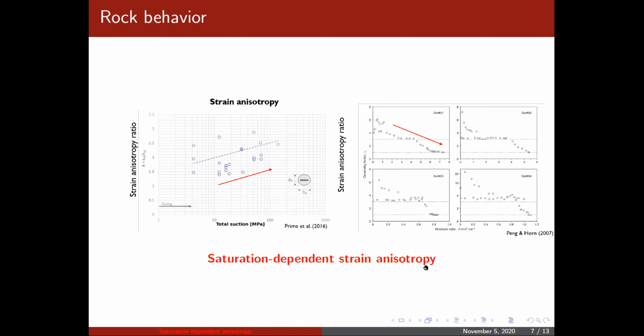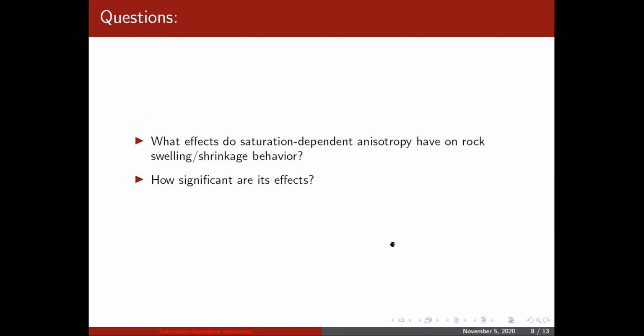So there is also evidence of saturation-dependent strain anisotropy. The questions I want to pose are: specifically, what effects does saturation-dependent anisotropy have on a rock's swelling or shrinkage behavior? How can we model that? And how significant can these effects be?